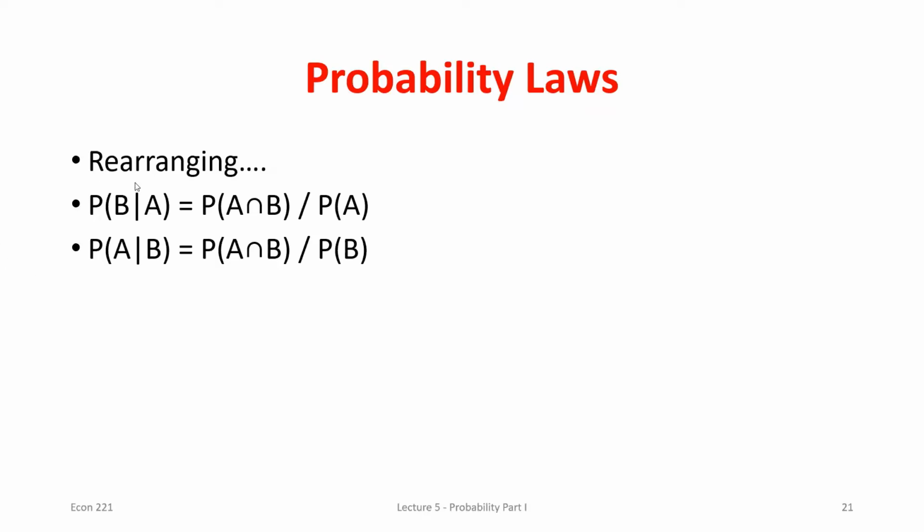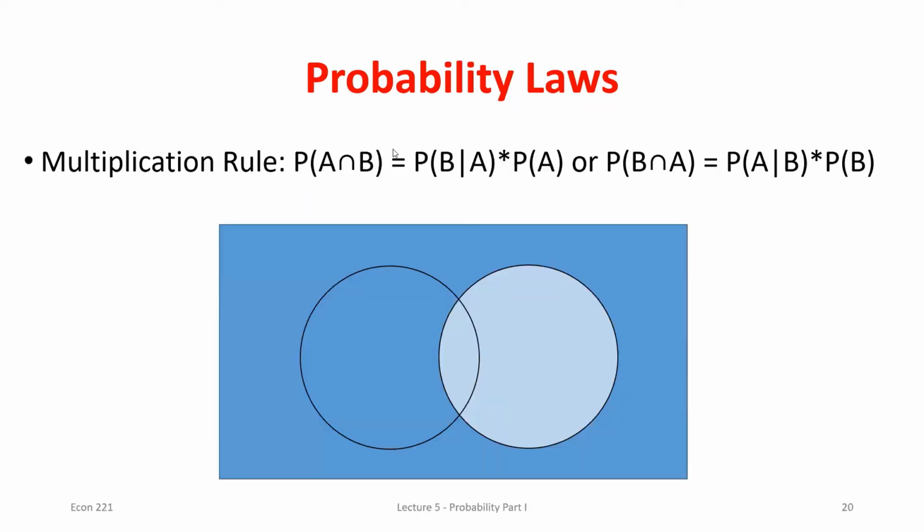Okay? So if I work backwards from here, because I think the other way is a little less intuitive, let's say I just rearrange these equations. So we're going back a slide now and rearranging this. Multiply both sides by the probability of A. And the equation I would have is that the intersection of two events is the same as the conditional probability times whatever I'm conditioning on.